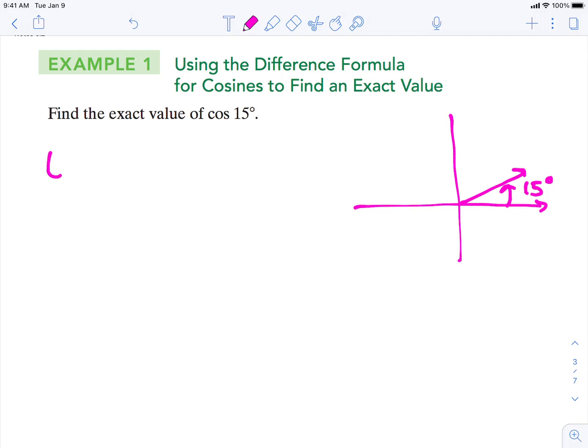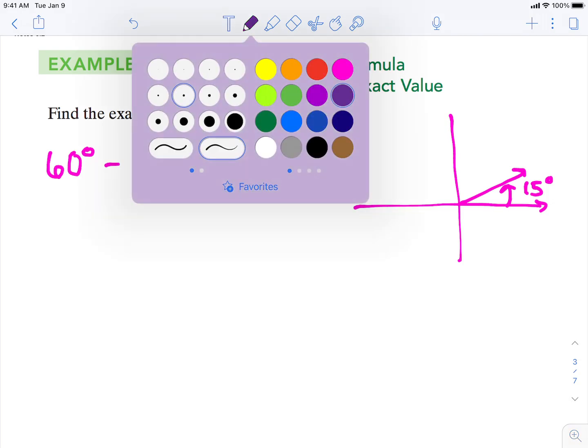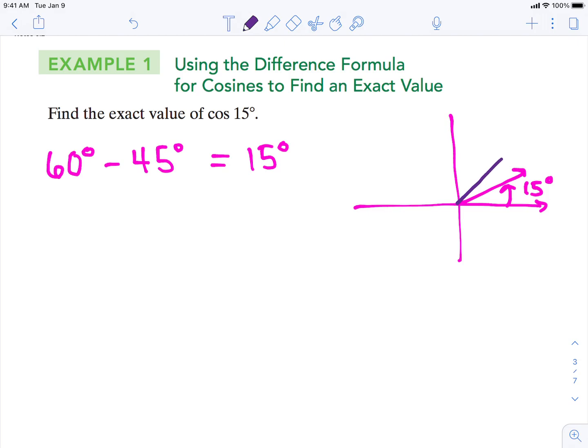So if we think about this, 60 degrees and we subtract 45, we get 15 degrees. 60 degrees and 45 degrees are both angles on the unit circle. So I'm just going to go ahead and change colors here. Here would be 45 degrees.